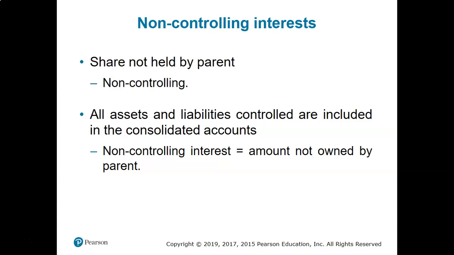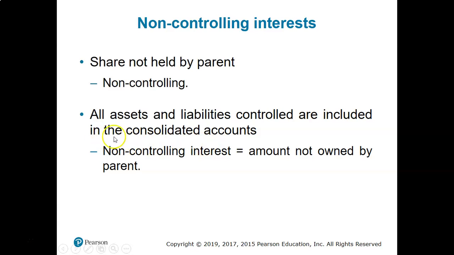But if the parent company doesn't own the whole company, for example if the parent company has 80% of the subsidiary, the remaining 20% is owned by someone else. So the part of the subsidiary which is not owned by the parent company is recognized as non-controlling interest. That is the share not held by the parent company. So how can we calculate non-controlling interest?